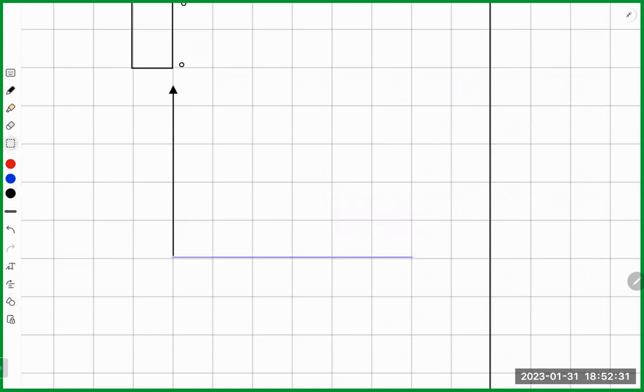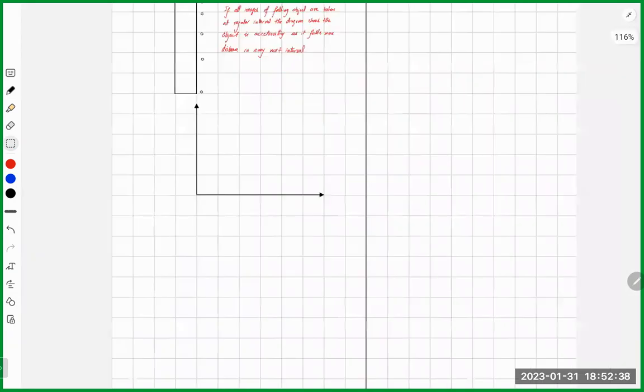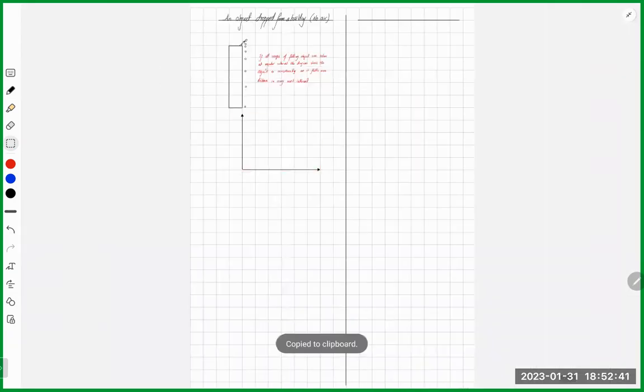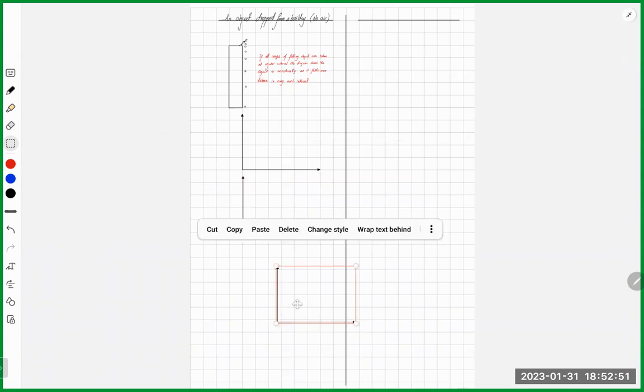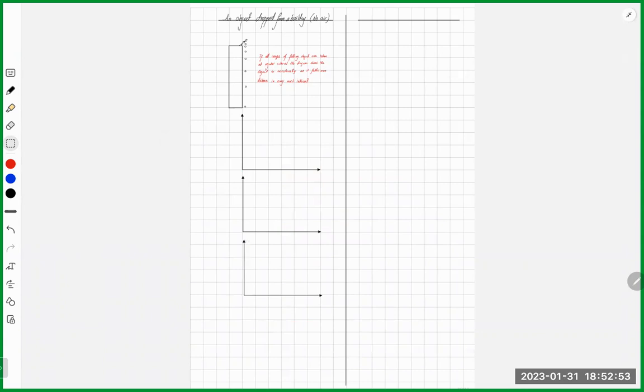So this is the graph for distance fallen. This is the graph for speed or velocity. This is the graph for acceleration, the graph for kinetic energy.